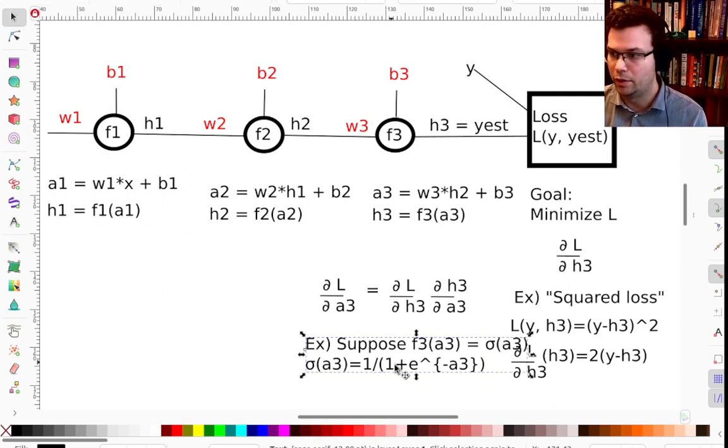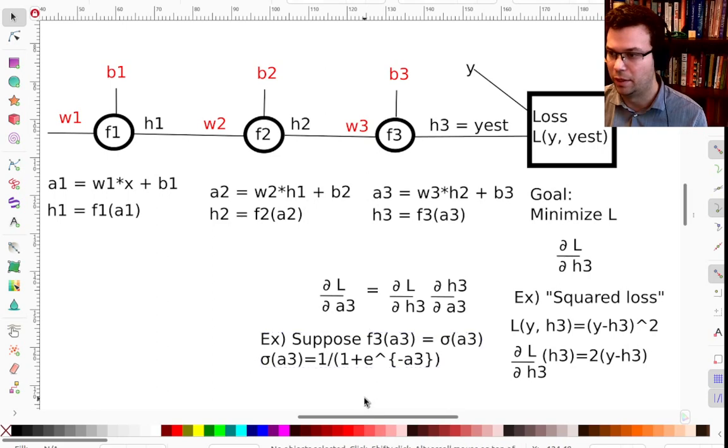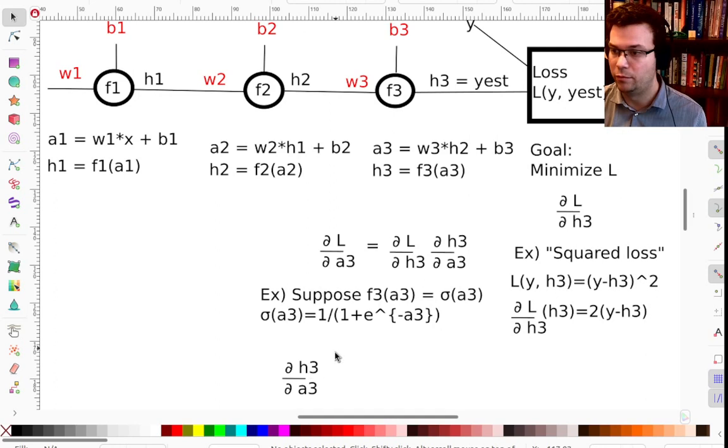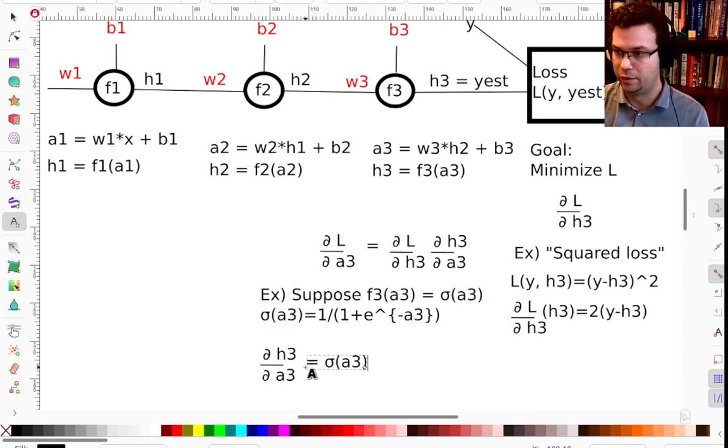What would that look like then? In that case, the derivative of h3 with respect to a3 turns out to be quite a nice expression. If you recall, that would be the logistic function of a3 times 1 minus the logistic function of a3. So let me write that out here.